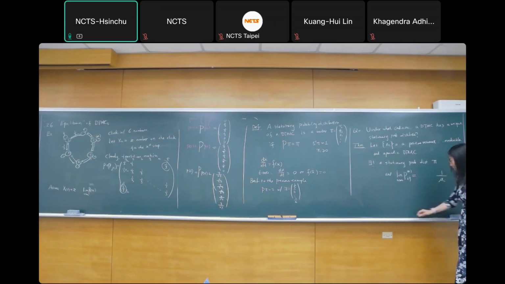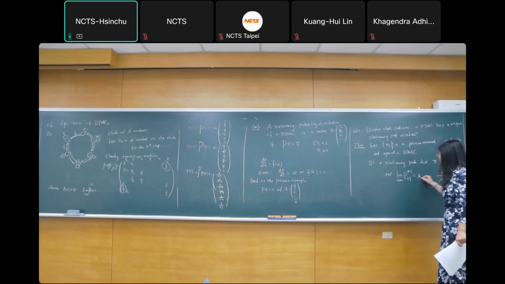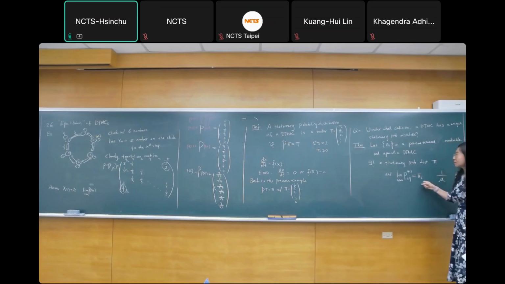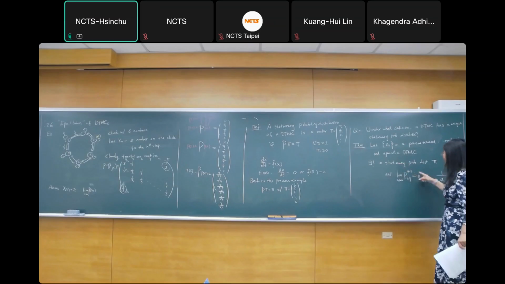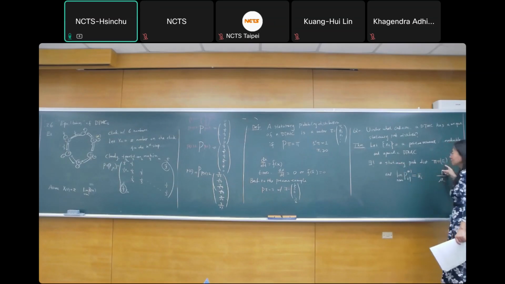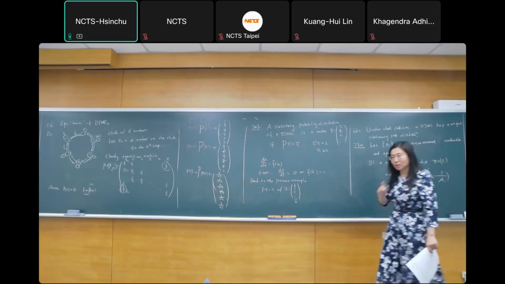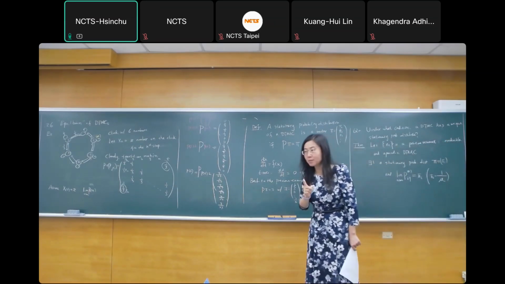But this one is telling us this equals what? That's exactly the ith component of that, pi. So by the basic theorem, we know this is true. This has to be for the aperiodic case.